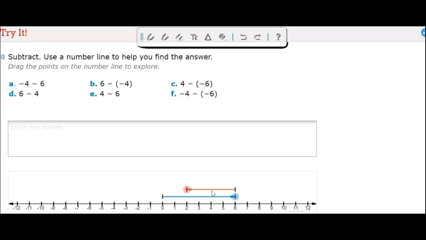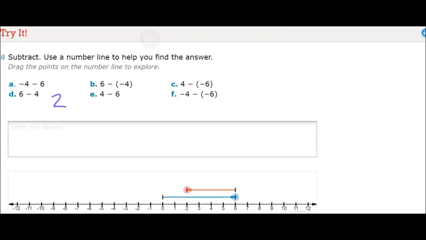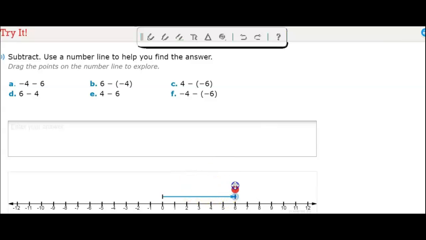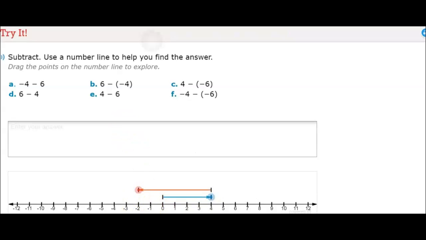And so 6 minus 4 is 2. All right, now we have 4 minus 6. So we're going to take away 6, going back 6 spaces. 1, 2, 3, 4, 5. And that's going to give us negative 2.